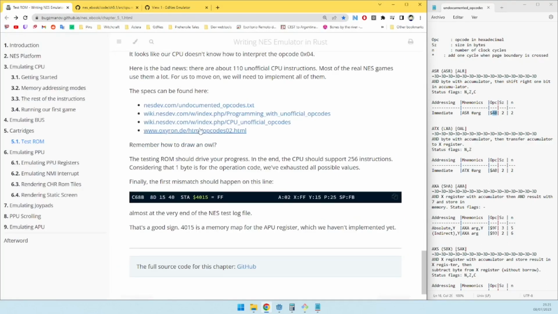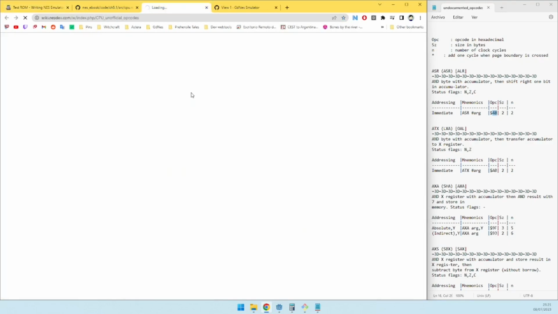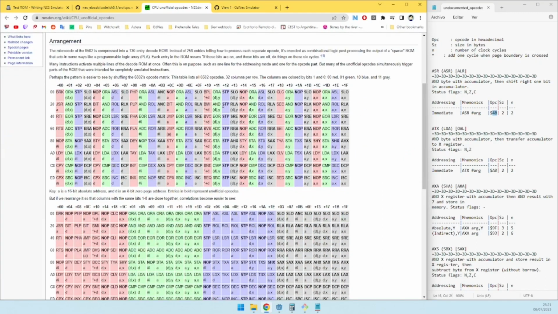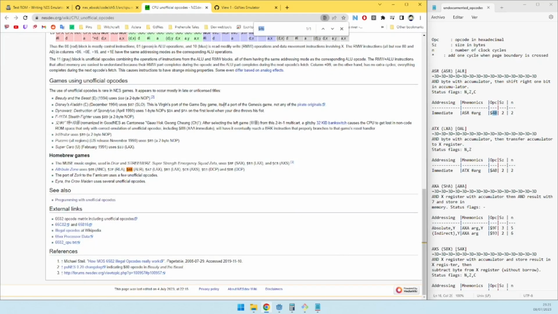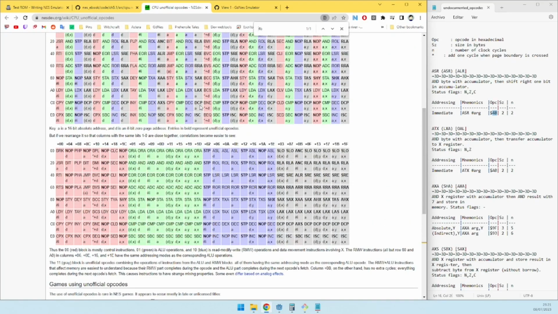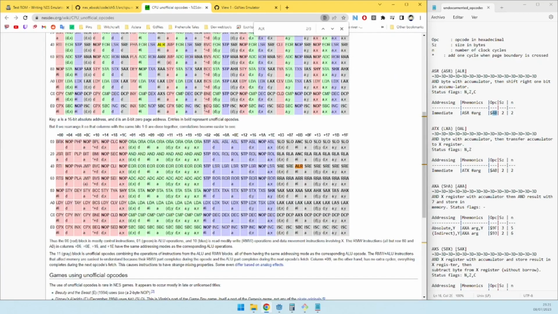What do other sources say? For 4B. So ALR. So this is 4B, ALR.